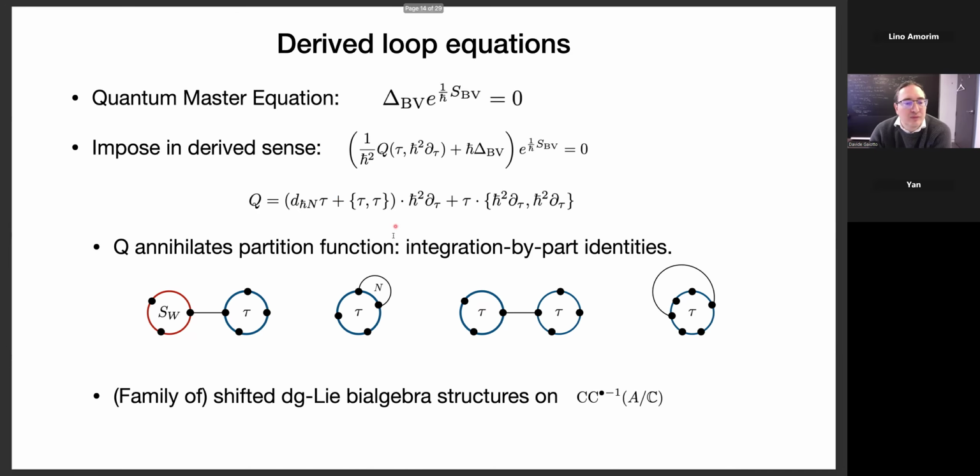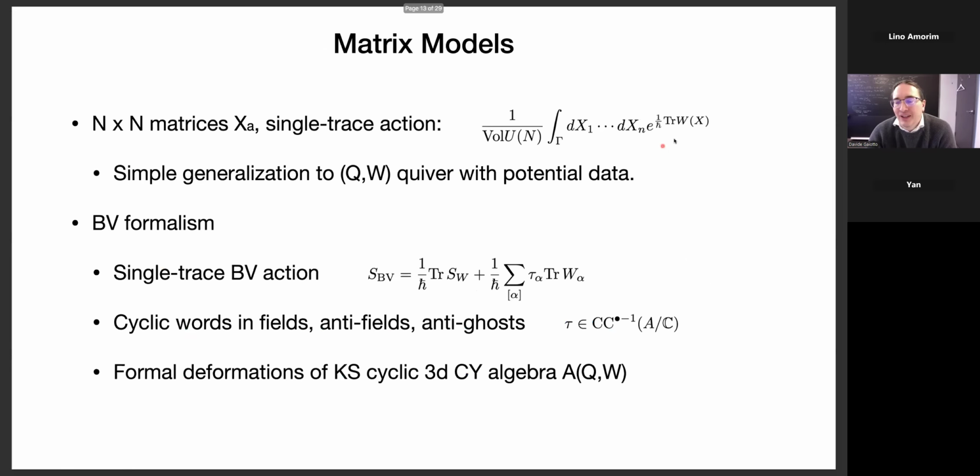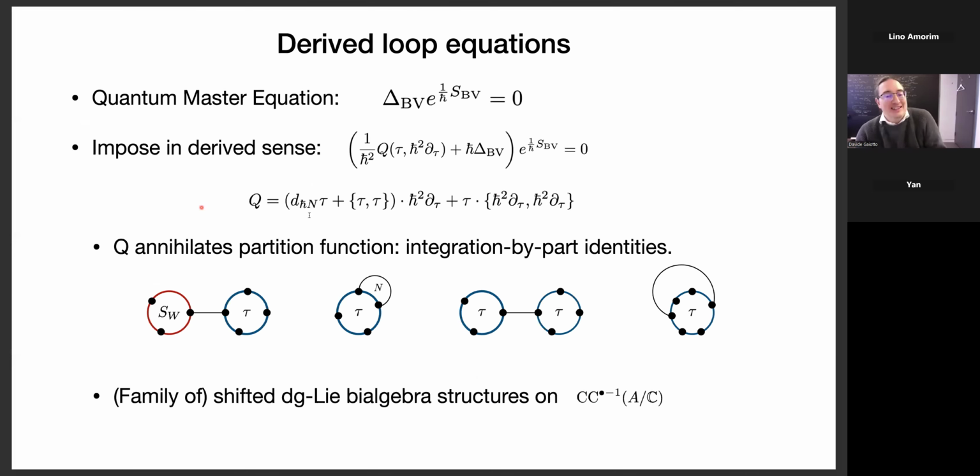So the main property of this Q, if you were to study the matrix integral, is that Q annihilates the partition function. Notice when you do an integral, you set to 0 all the antifields, and then you integrate over the fields, right? So a lot of these taus drop out. You just get a function at tau equals 0. When you say Q annihilates that, it means that the part that is linear in tau equals 1 vanishes. So you get a whole bunch of differential equations that annihilate the partition function.